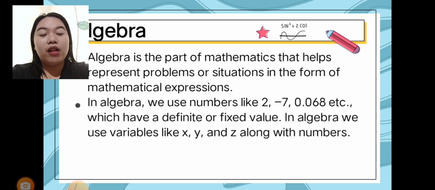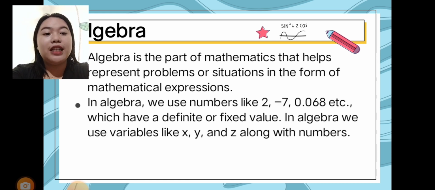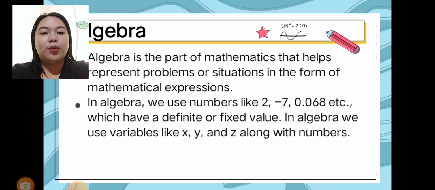In algebra also, we use numbers like 2, -7, 0.068, and etc., which have a definite or fixed value. In algebra, we use variables like x, y, and z along with numbers.